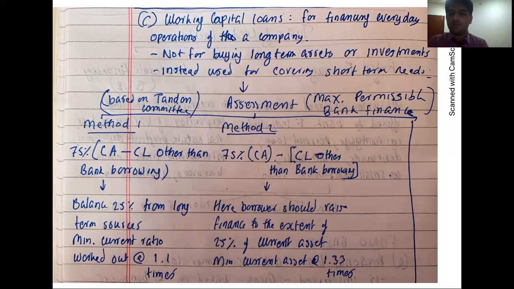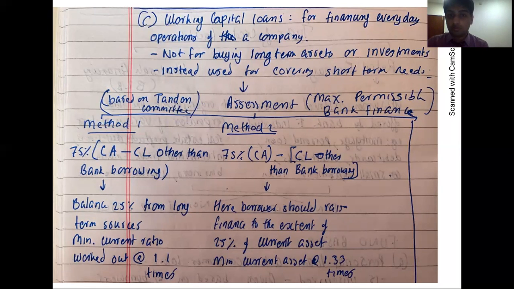In working capital loans, normally we will only expect them to repay interest during the period of the working capital facility. We will not expect them to repay the principal. So this is for financing everyday operations of the company.